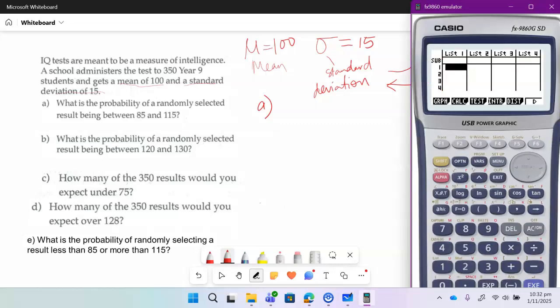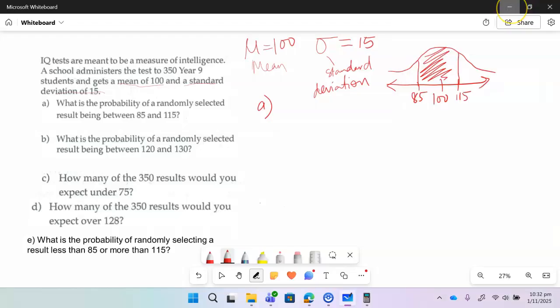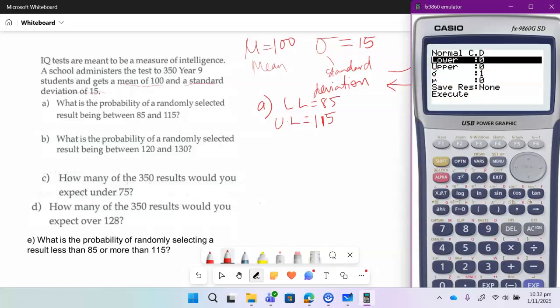So you take your graphics calculator, you go into distributions and NCD. Your lower limit is going to be the lower of the values, which is 85. If you want to show this as your working out, you can write this out, which makes your marker hopefully a little bit happier, and upper limit is 115. So let's put that in. Standard deviation is 15 and mean is 100.